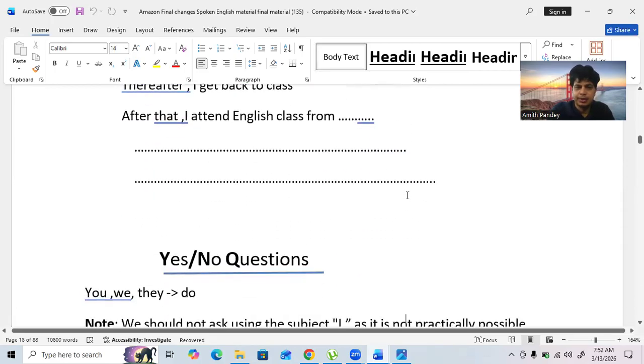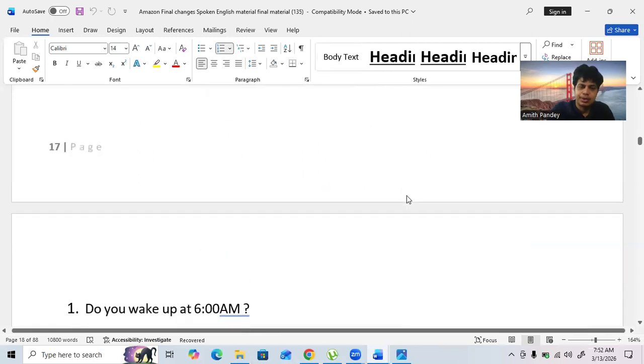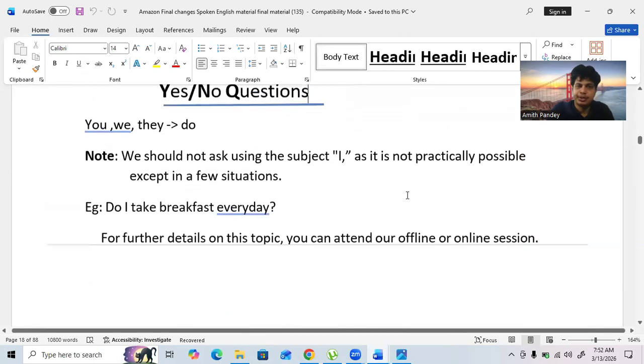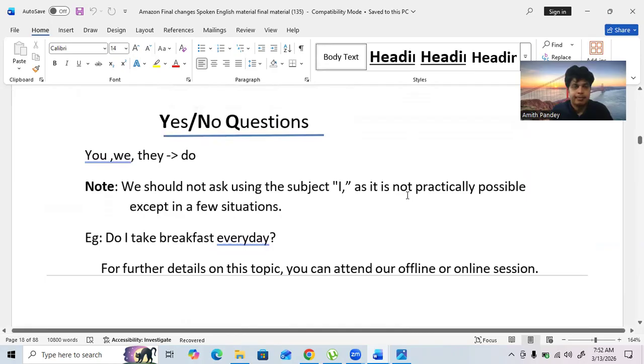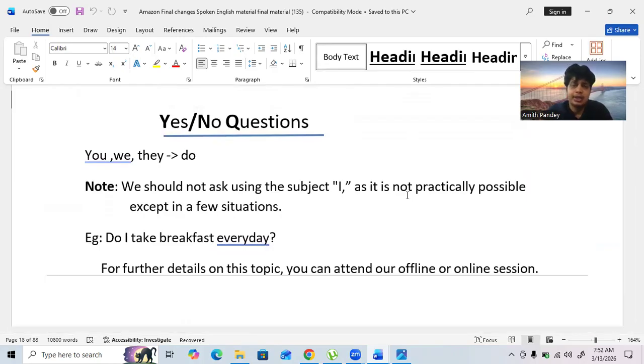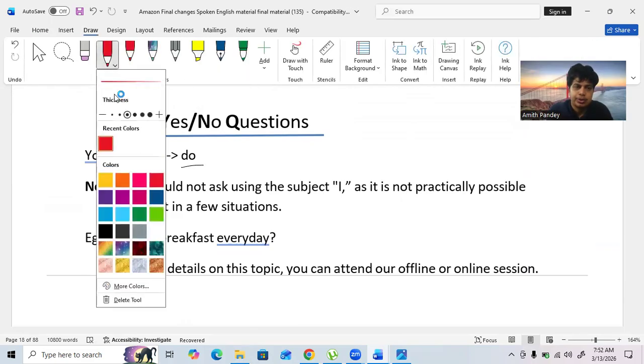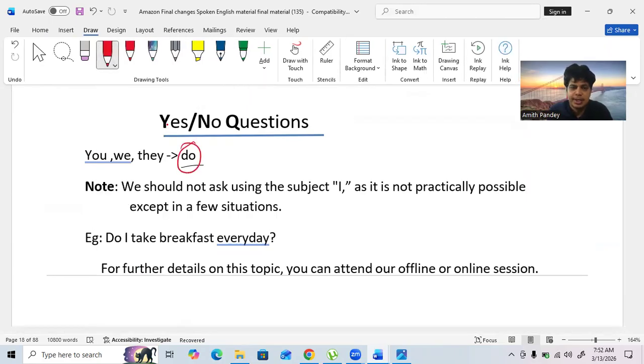Then we are heading towards yes or no questions, which is a continuation of simple present. Whenever you want to ask a question in simple present, it always comes under everyday action. In order to ask a question, we come across two things, that is do and does, as we'll see in the next slide.